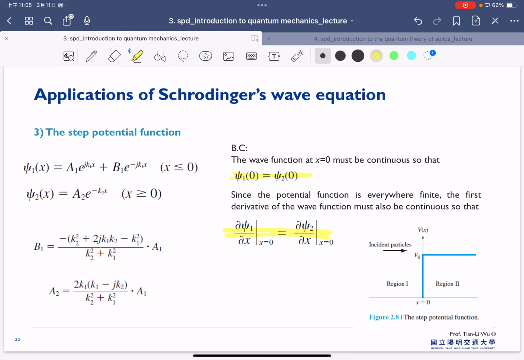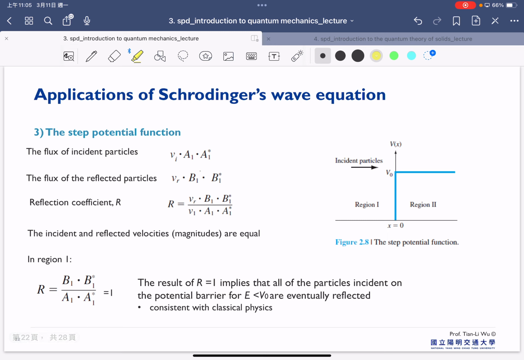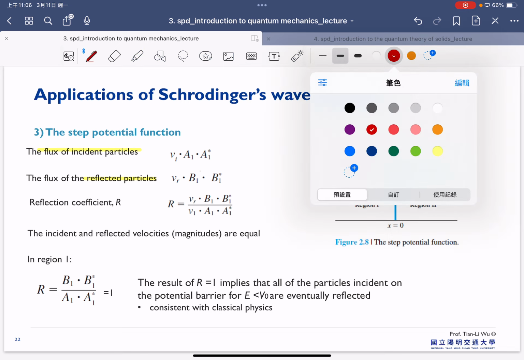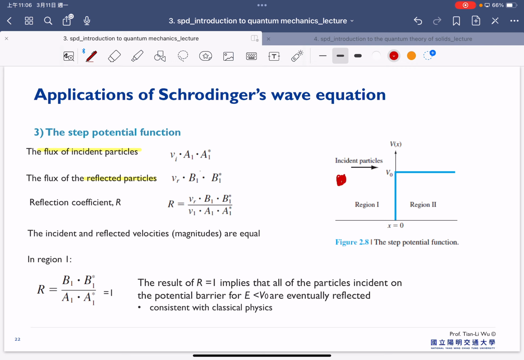So in here, actually, the result is if we have the flux of the incident particle, in this case we have the reflected particles. I think that's because we have an incident wave here. Then for sure, since there is a step potential barrier, it's definitely the case that a certain part will be reflected.